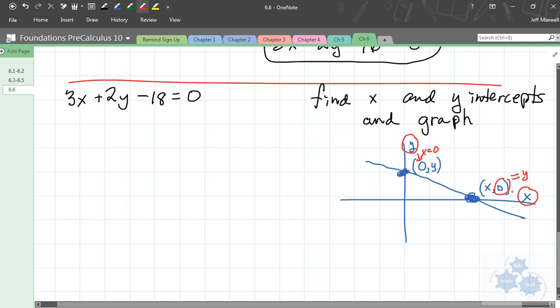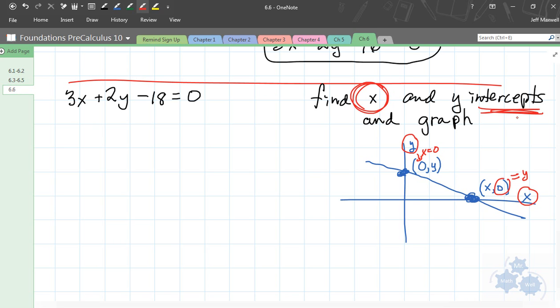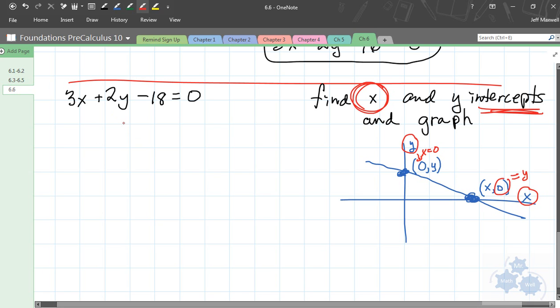That's always the same. So when you're given an equation and you're asked to find the x-intercept, let's do that one first. What do you know about the x-intercept? Well, the x-intercept always has a y value of 0. So what you do is you set y equals 0. So let's just write this to find x-intercept.